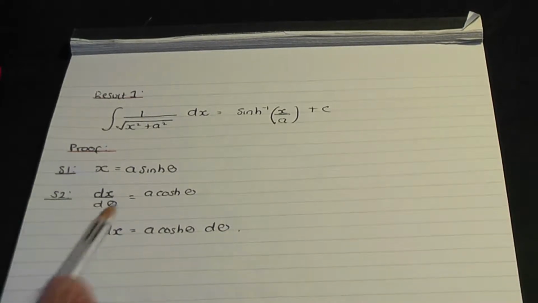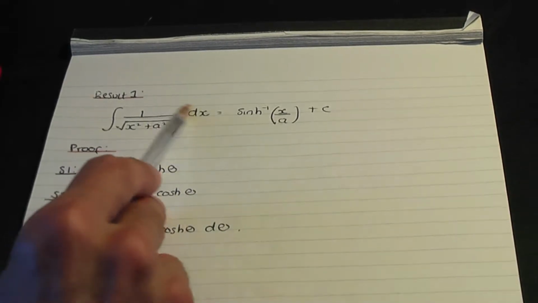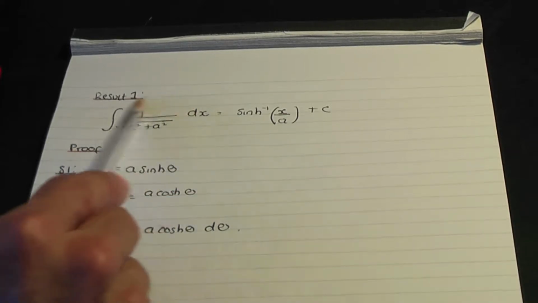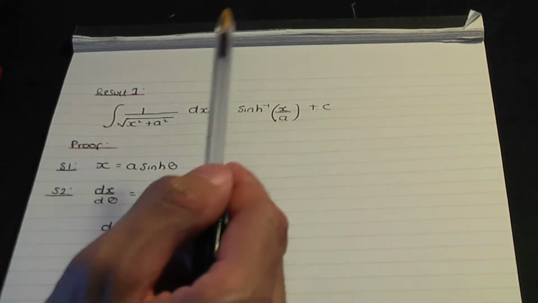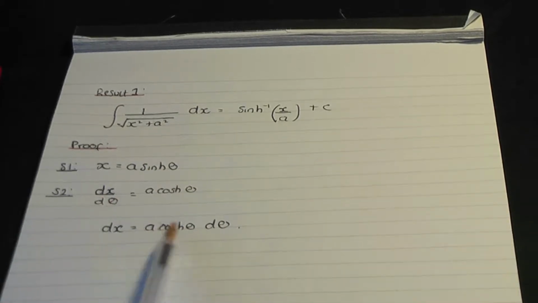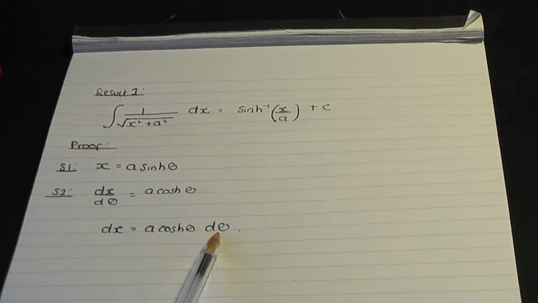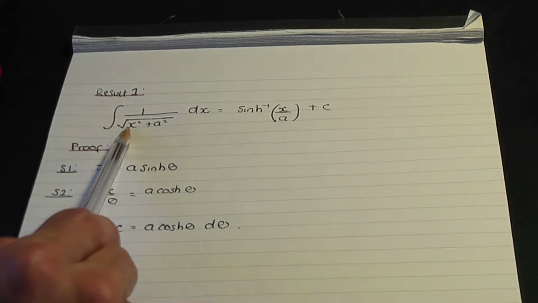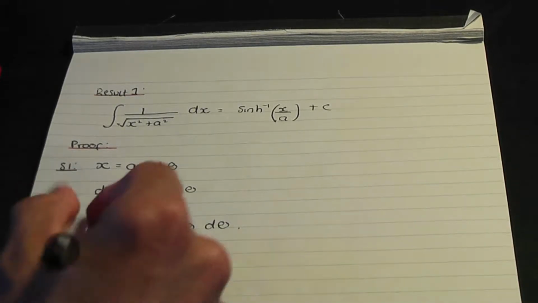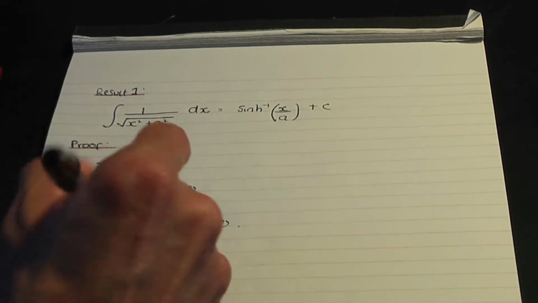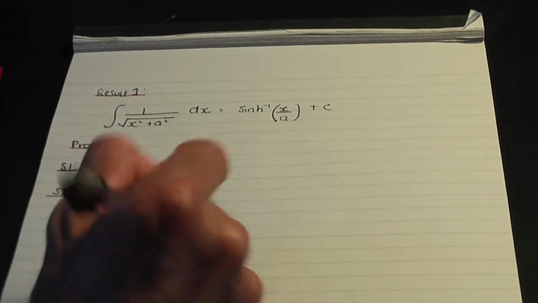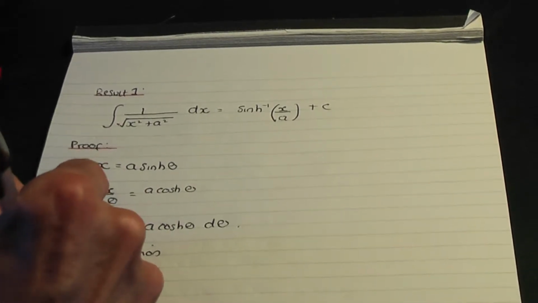Okay, so I'm going to use substitution on the left hand side of this integral, and we're going to replace dx by a hyperbolic cos theta d theta and we're going to replace the x here by a hyperbolic sine theta. So by substitution, let's go through the process and let's call this step 3.